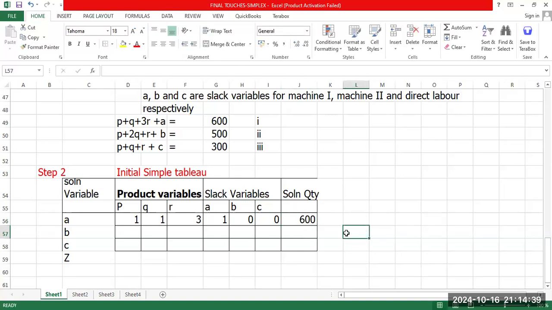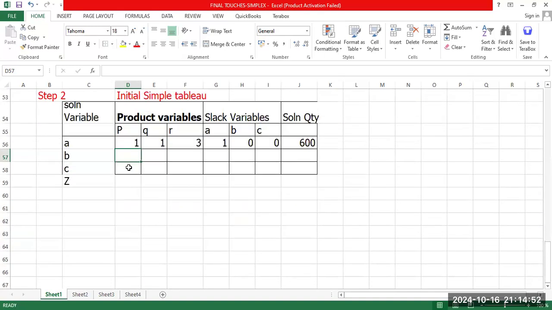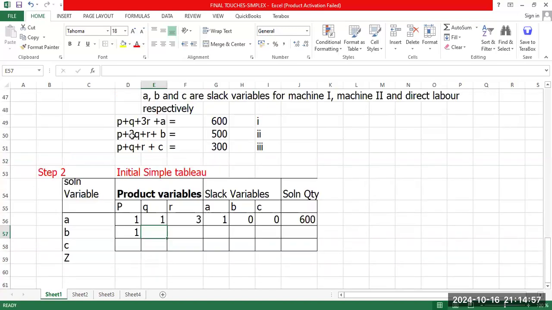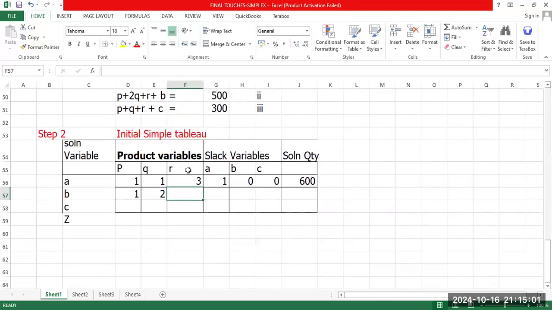Are we at par, colleagues? Are you getting what I'm trying to do? The next equation, you do the same. Here I put 1, then here I put 2, then here I put 1.